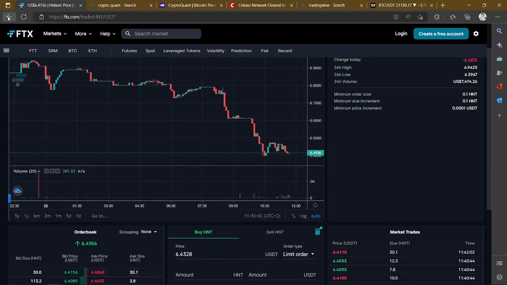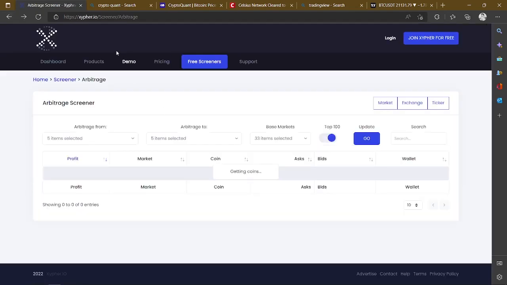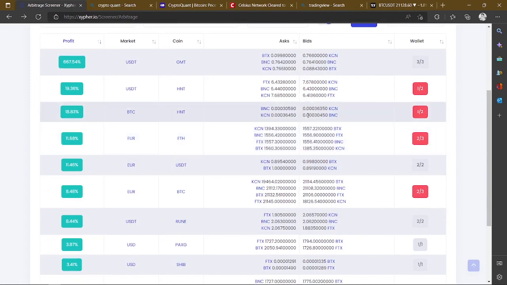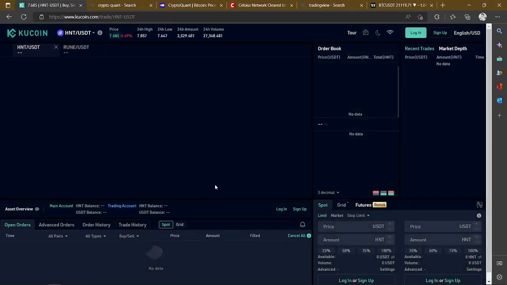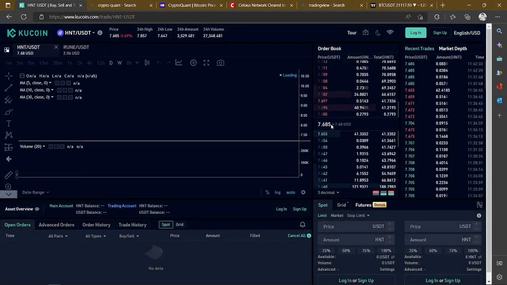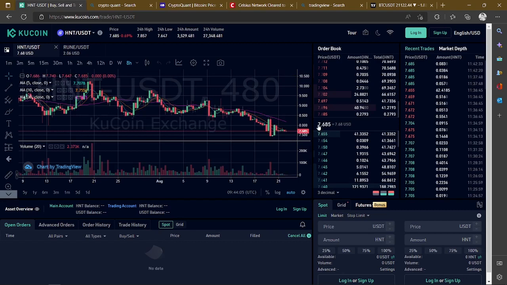If I go back to our platform, which is Xypher, and click where it's written KuCoin, because this is where we're going to sell, you're going to see that the price on KuCoin is $7. So this platform is doing a great job. It's not telling us lies.